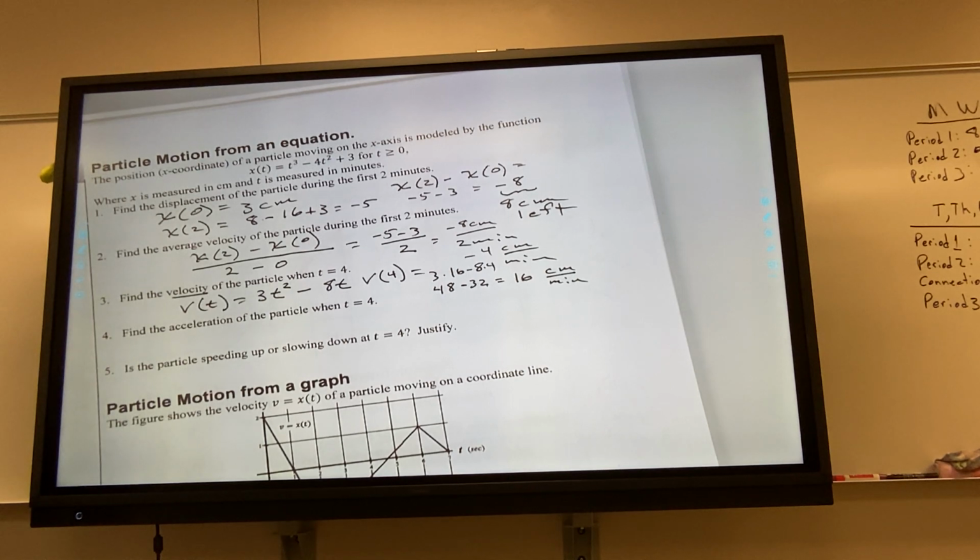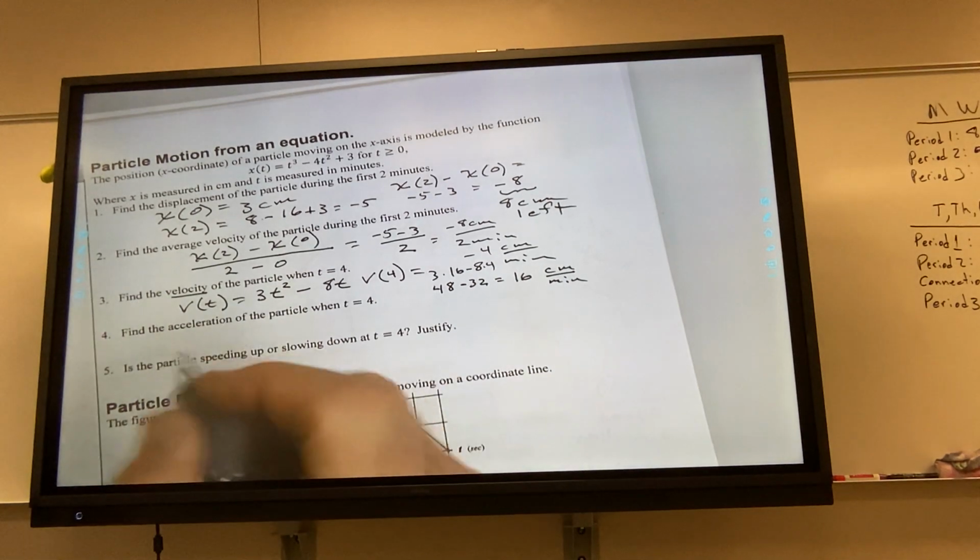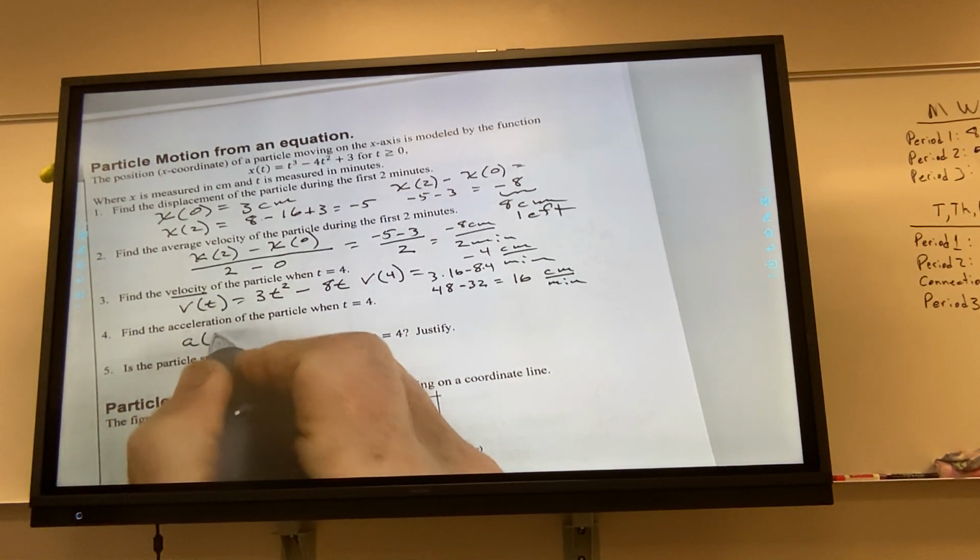At 16 centimeters a minute. Now, at 4.1, it'll change. At 3.9, it'll change. But exactly at 4 minutes, that is how fast it's going. That is velocity.